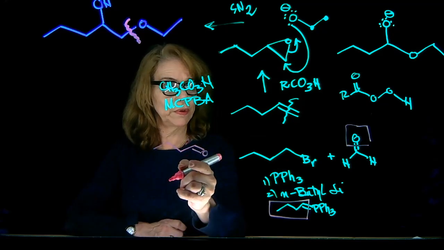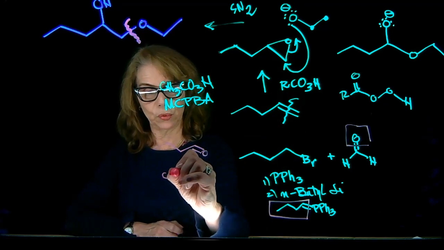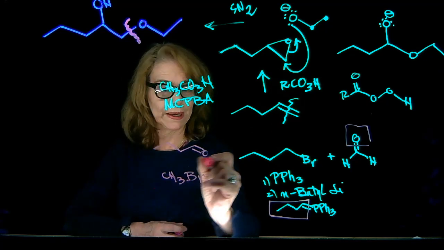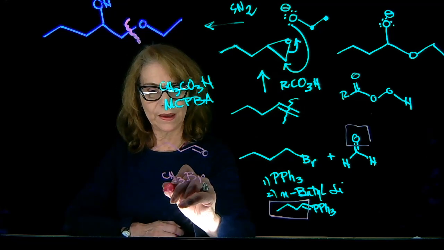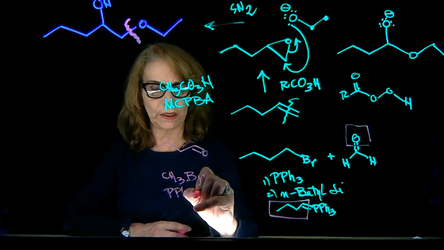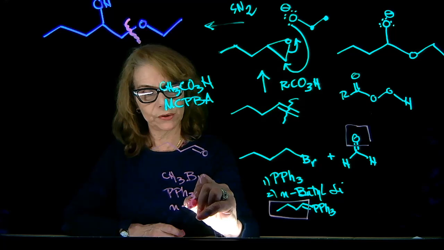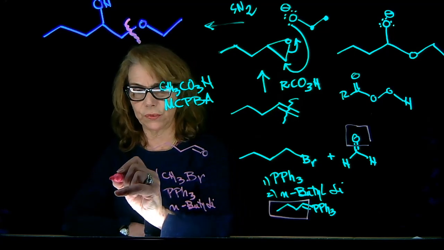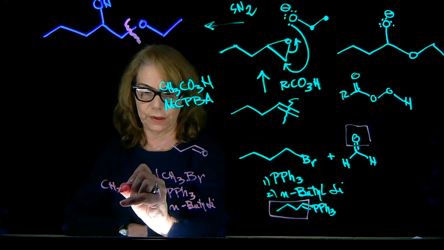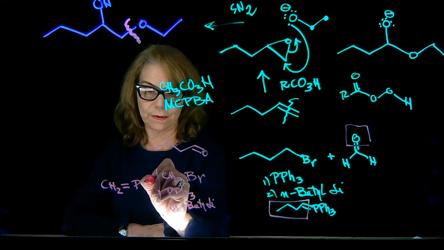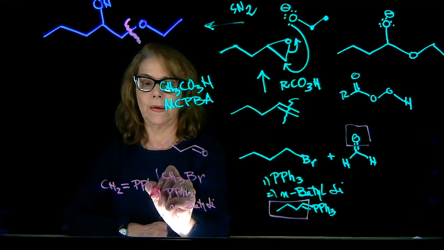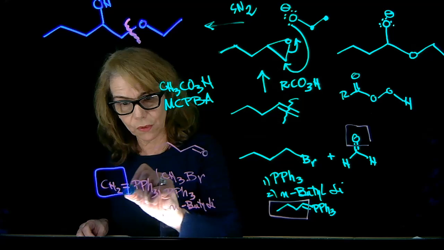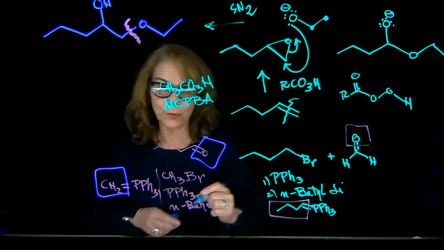So you can start from butanal, and the other fragment will be only 1 carbon, so methyl bromide, and again, you will need to use triphenyl phosphine and n-butyllithium to do all of that, to make your ylide, which is going to be this. And here you will be inserting all of the CH2 over here. So that's two possible pathways.